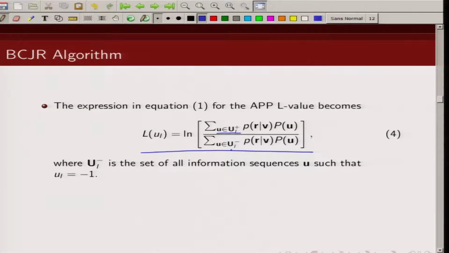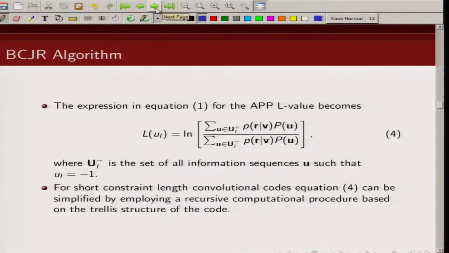We will illustrate this with the help of an example, and then things will be a little more clear. Now, note here, this is a sum over all input sequences where U_l is +1, and this is a sum over all input sequences where U_l is -1. So, if your information sequence is large, this is a sum over a very large number of possibilities. So, this is quite complex.